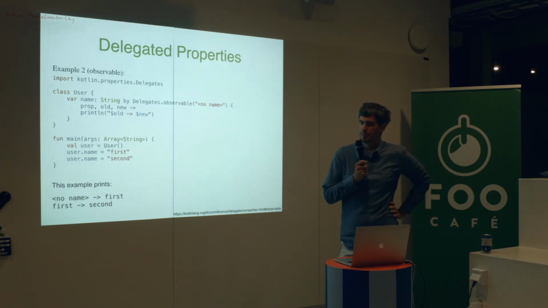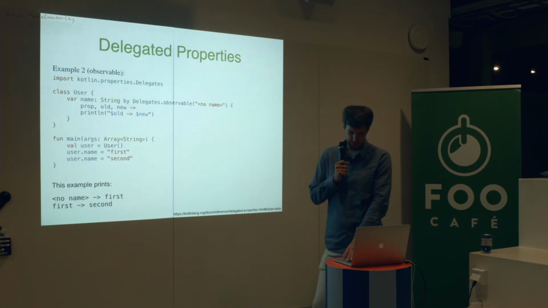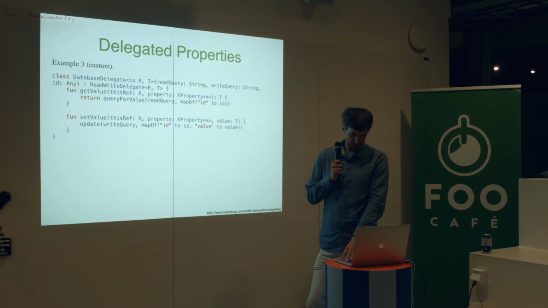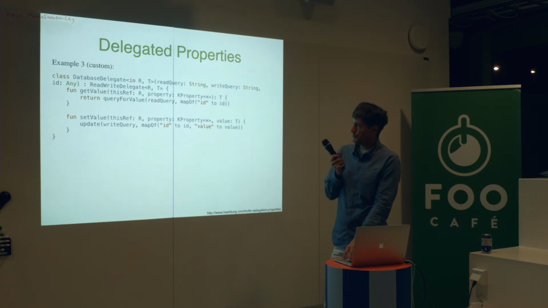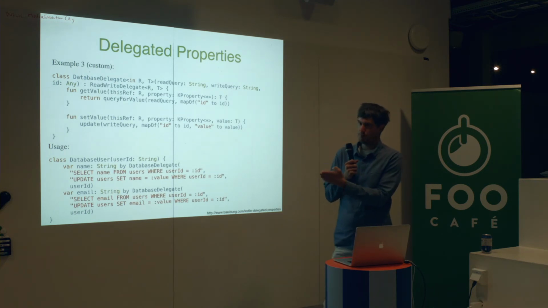That's a good question. Not sure. Yeah, you can create your own delegated properties. This is one example. But you can do that, and there are some cool use cases for this, I think.